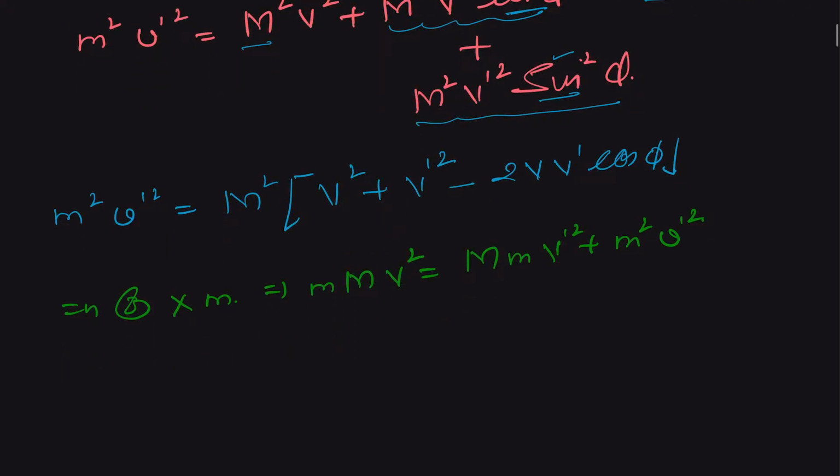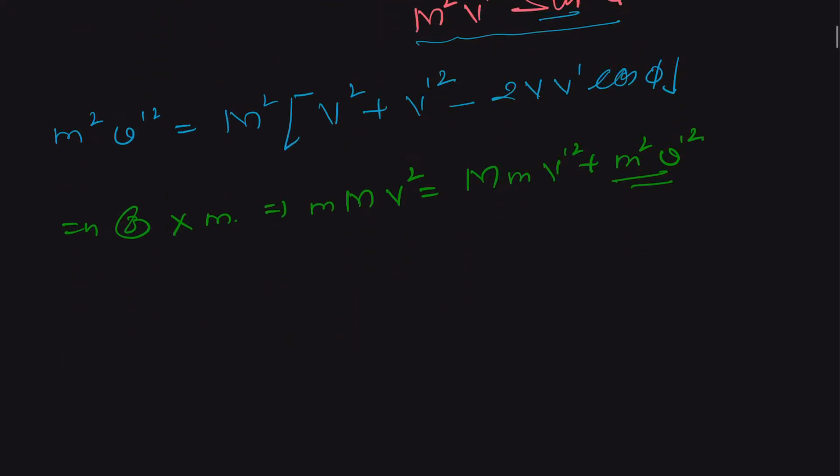And from here we can find this m square v prime square. So we get m square v prime square will be equal to, this will be common, so this gives m small m, and we have v square minus v prime square.